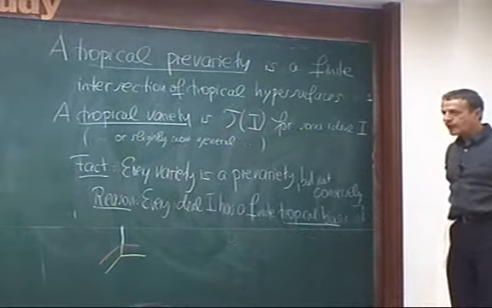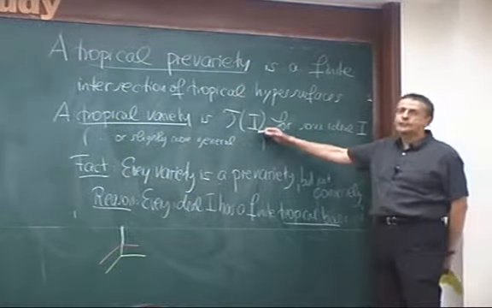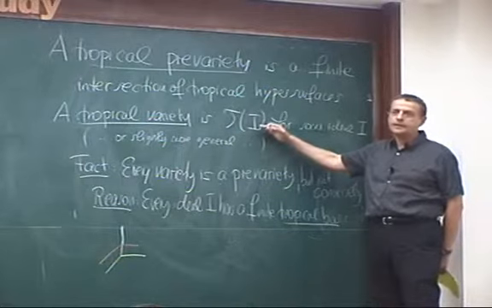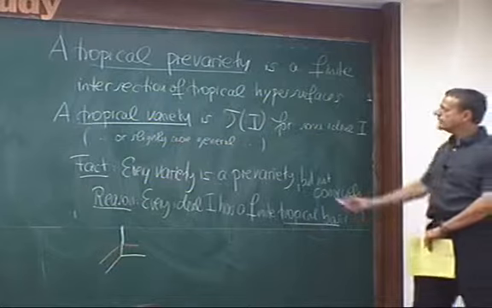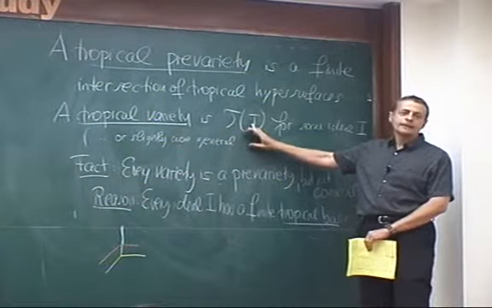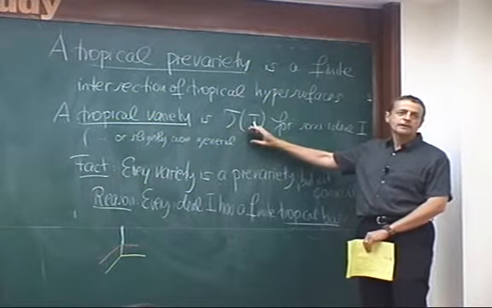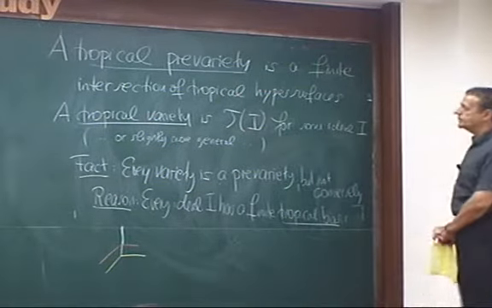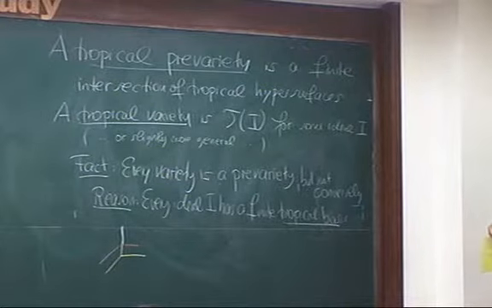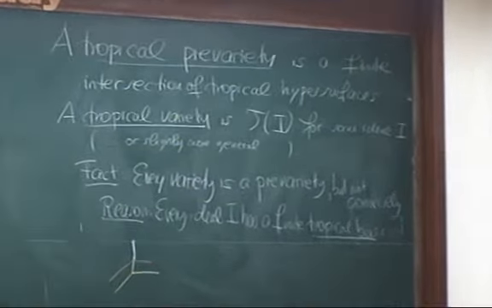By a tropical variety, I mean what you actually get from an ideal. If you take an ideal in a polynomial ring or a Laurent polynomial ring, you get a tropical variety. There's a little bit of debate right now among the experts, and people allow something slightly more general, but for our discussion let me use this definition. Then we have the following result: every variety is a pre-variety, but not conversely.